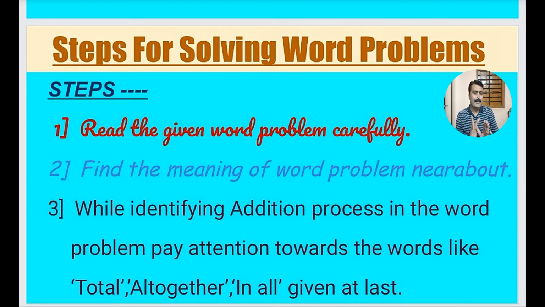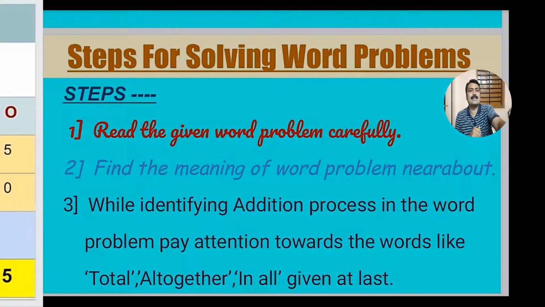So this is a somewhat important part that we have to keep in mind while solving the word problem. After taking these steps, now we are going to take up examples of word problems based on this addition process. So let's move towards the next part.